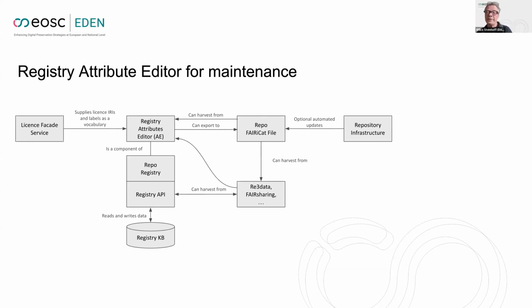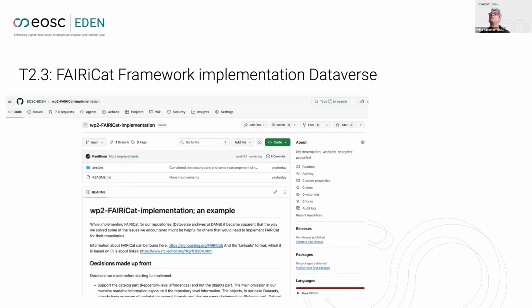And then it could be edited, and in the end, the repository should be able to export this link set file and publish it on their repository. So I think that's it for me at the moment. This is a Dataverse example implementation for a FAIRiCAT link set file.